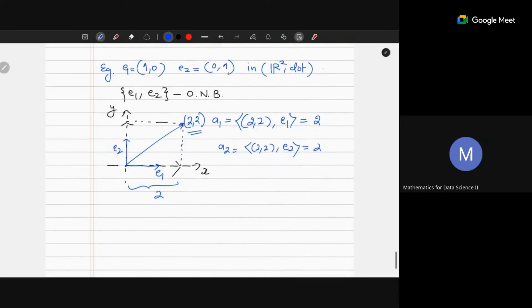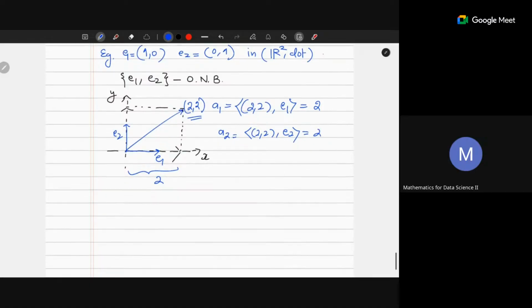So this leads to the fact that I have projected my vector v in the direction of E1, which is 2 times E1, and the projection of v in the direction of E2 is 2 times E2.